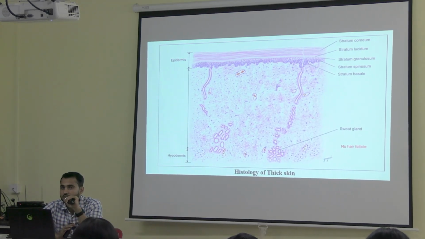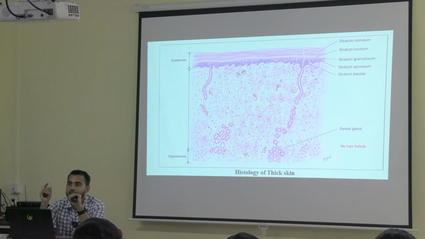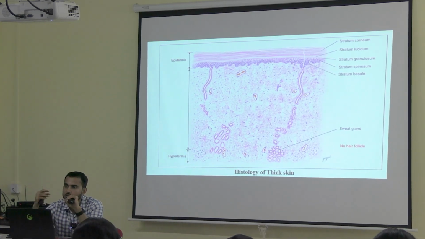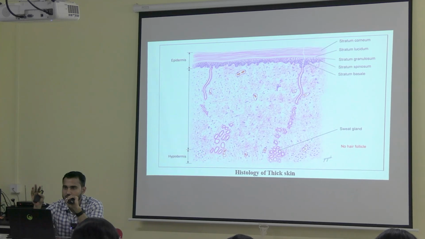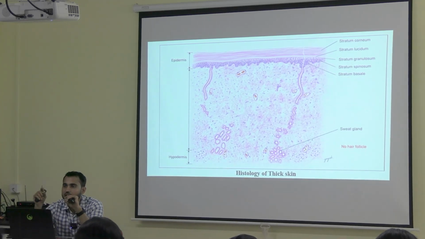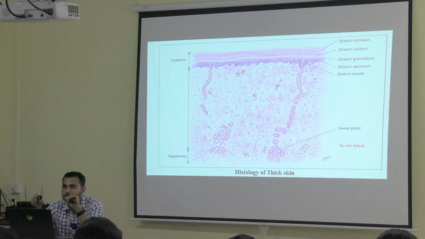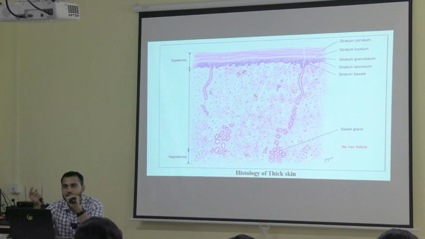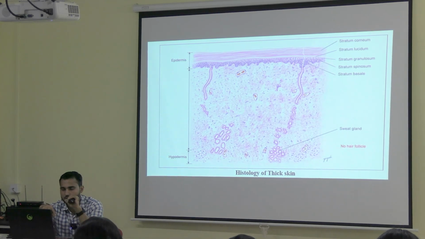Next, it is eosinophilic. And in this layer, the cells have lost their boundary. They have lost their cellular organelles. Now, what is present in this layer? A special type of protein is present. It is called eleidin, E-L-E-I-D-I-N. And from this eleidin only, the keratin is produced.